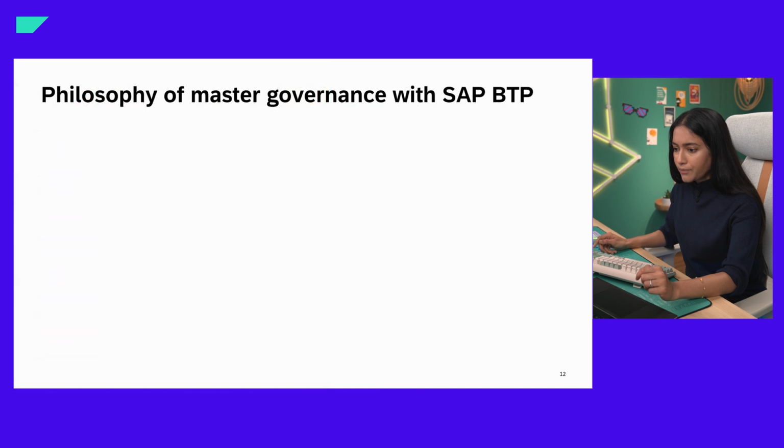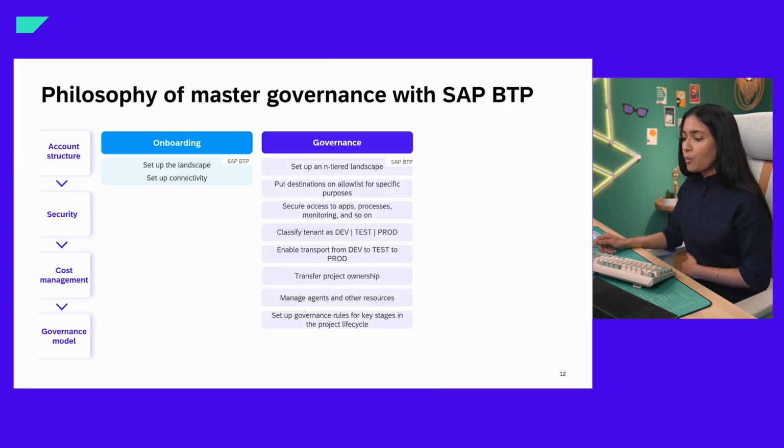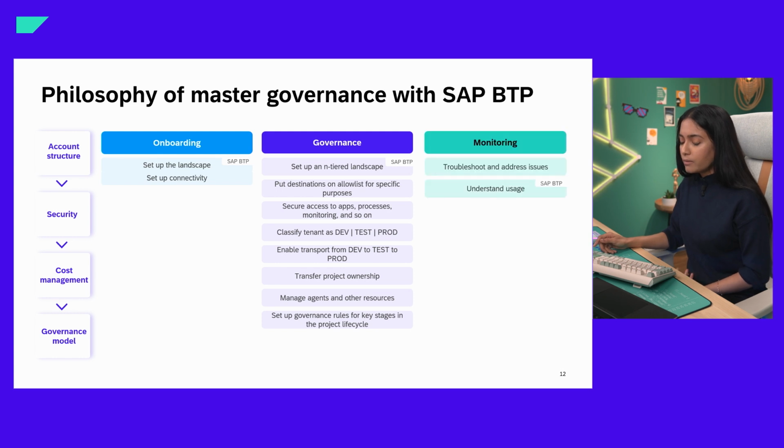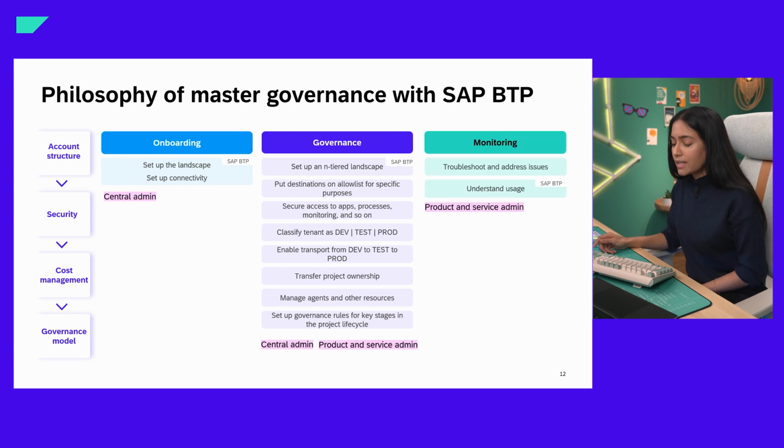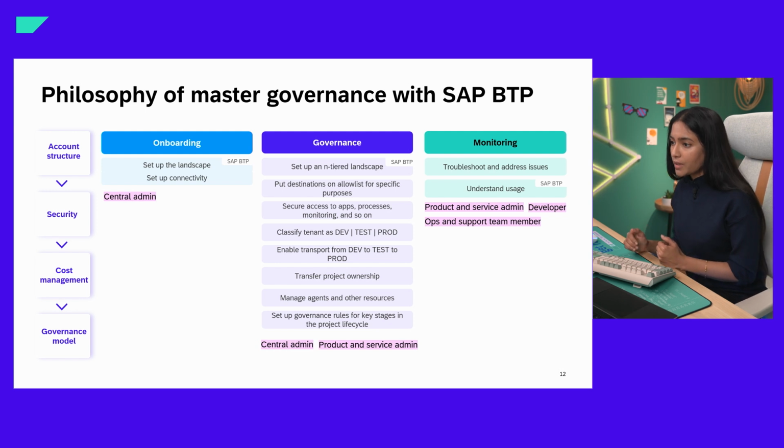And now, let me also give you a short preview into what we understand by the philosophy of governance in the context of SAP BTP and how it ties together with our Build portfolio. Within BTP, we have various personas who are responsible for various activities.